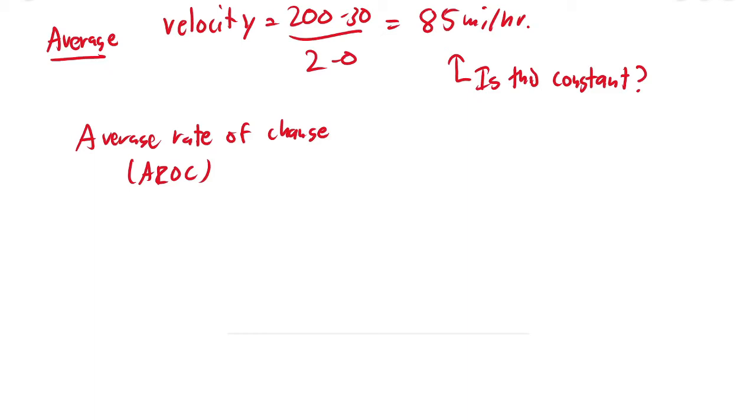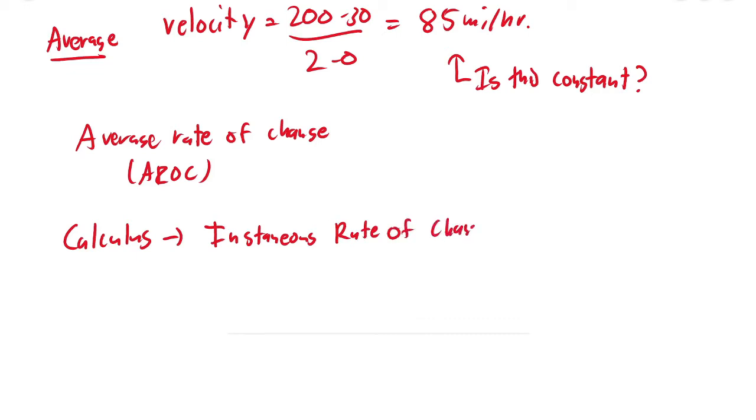That would be an instantaneous rate of change. So the idea is calculus allows us to get an instantaneous rate of change, or something that we'll call IROC going forward.